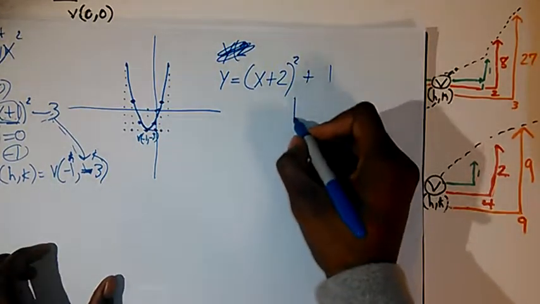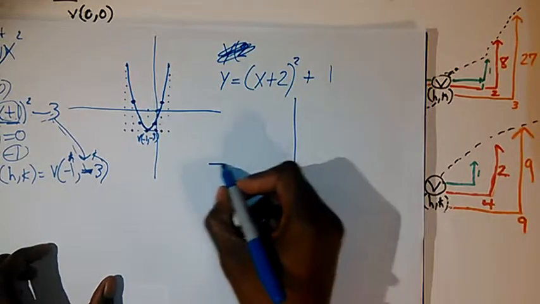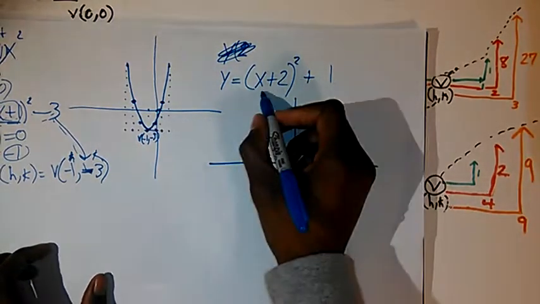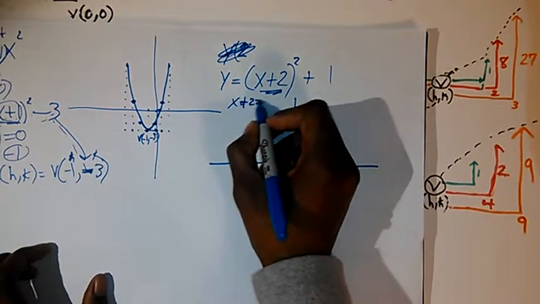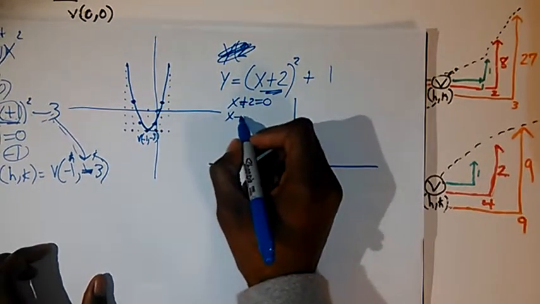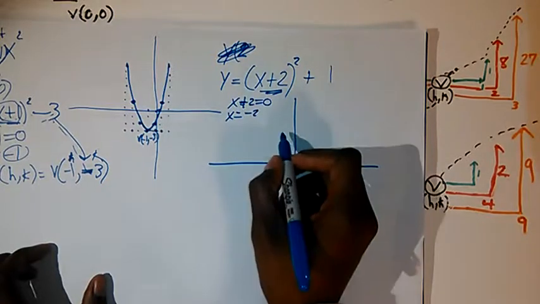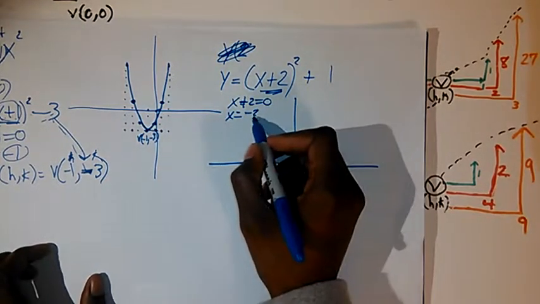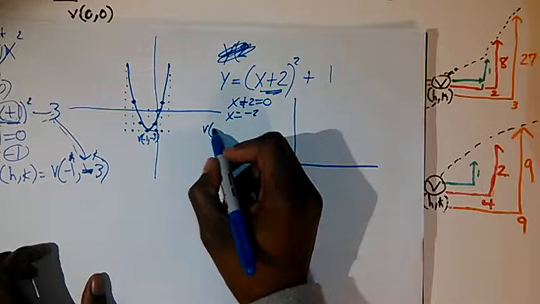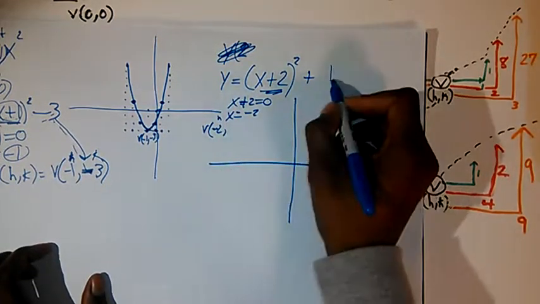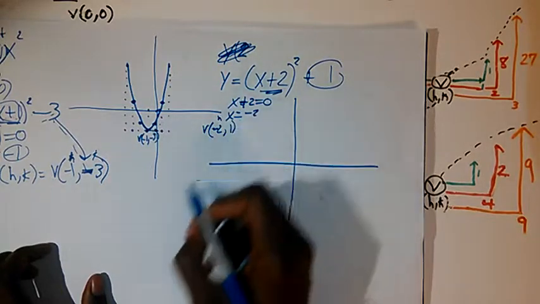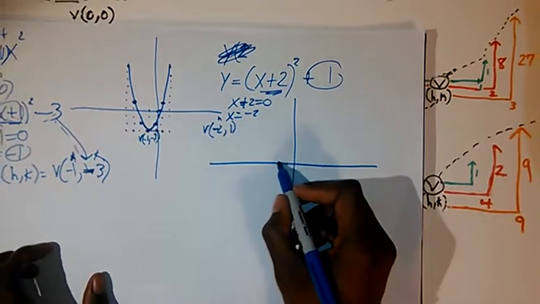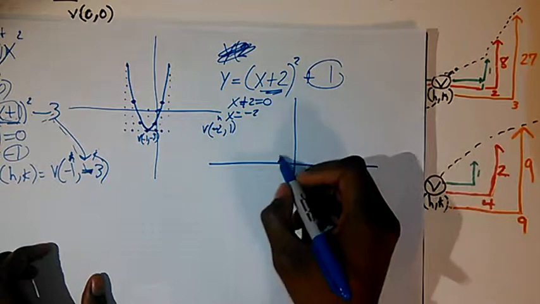Okay, we draw a graph here, draw another line here. We take out the vertex. x plus 2 is equal to 0. Solve for x. X is equal to negative 2. That's going to be our h. Vertex h is negative 2. K is not connected to anything, so you pull down the k, go to 1. So that's where we start.